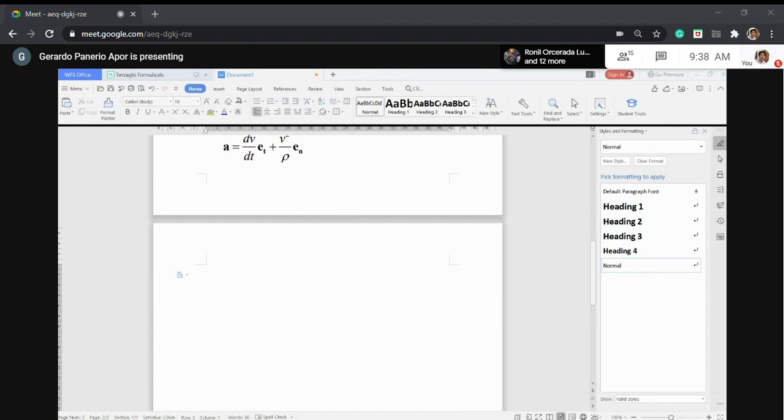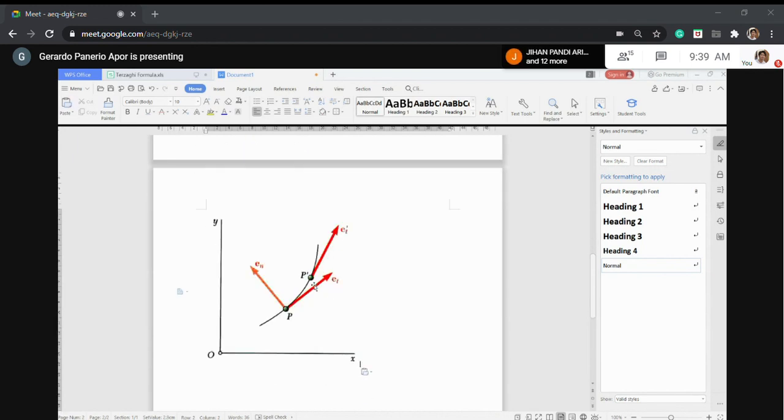So we have this. Okay, so there is a change of position from P to P prime, because we are considering that the particle is moving.